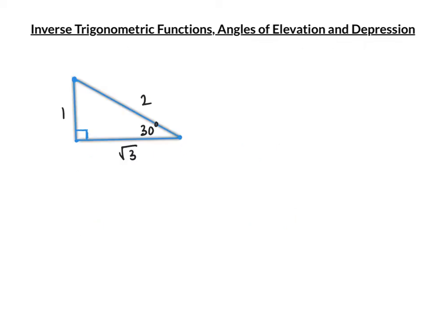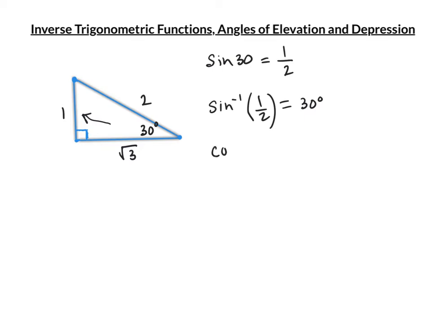For example, I could say the sine of 30 degrees, notice I'm using normal sine. Sine is opposite over hypotenuse. Opposite the 30 is the 1, and the hypotenuse is opposite the right angle, that's 2. The inverse sine of 1/2 would give you 30 degrees.